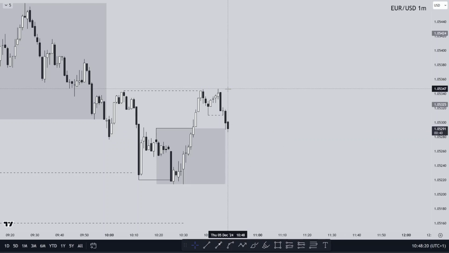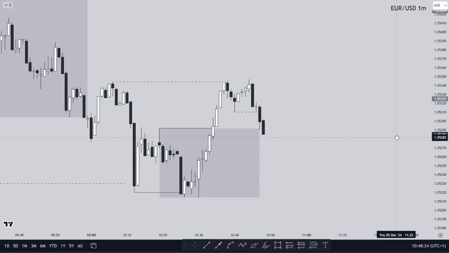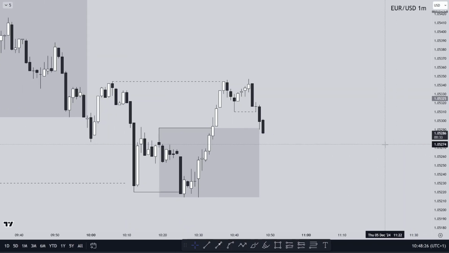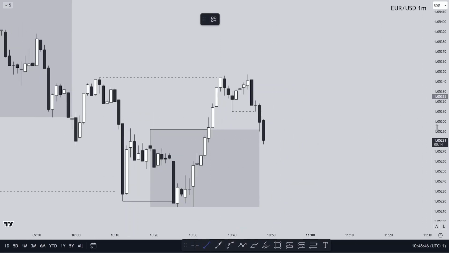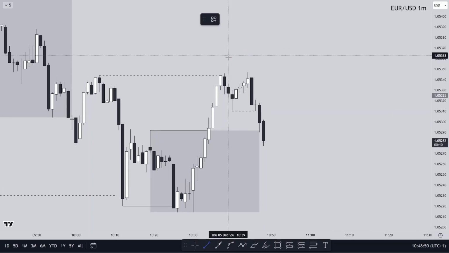So let's see, maybe we can clean the chart a little bit. And now let's see. Notice how price is really perfect.